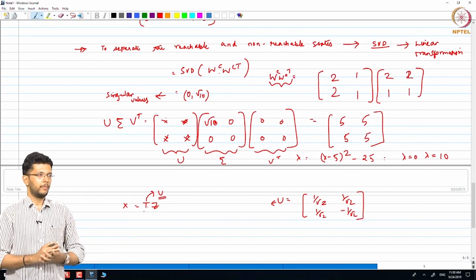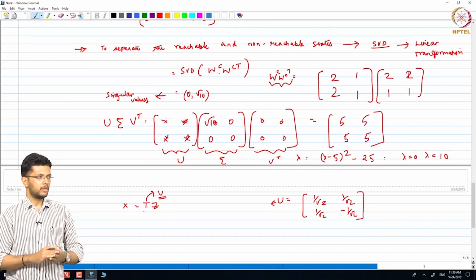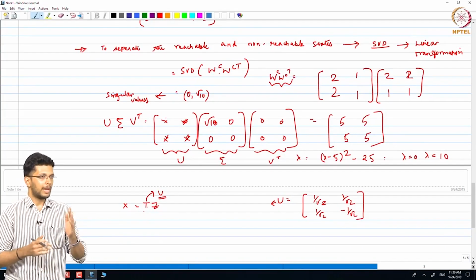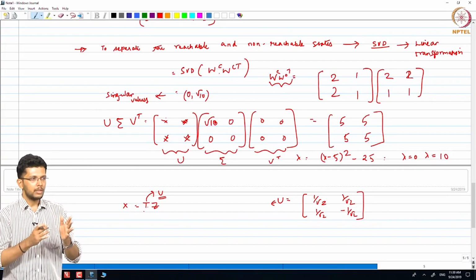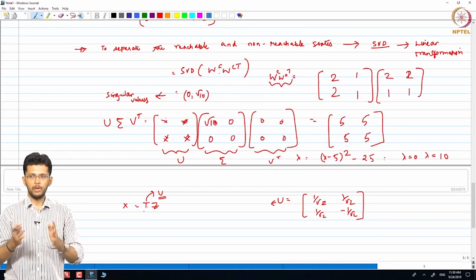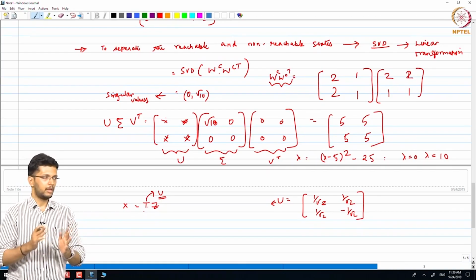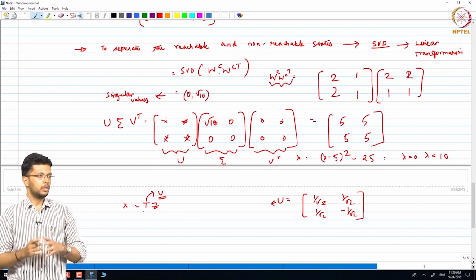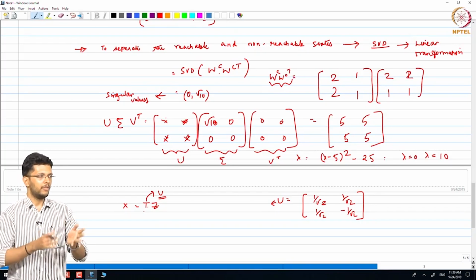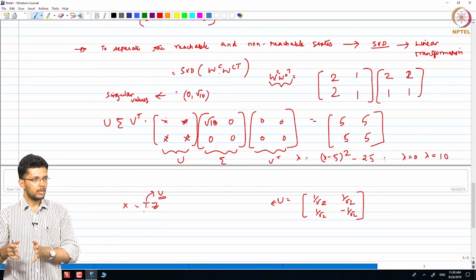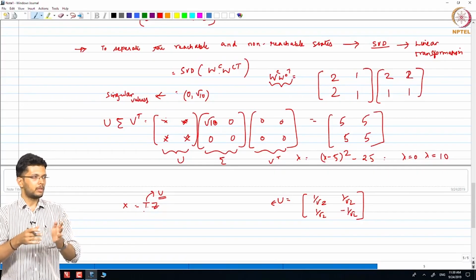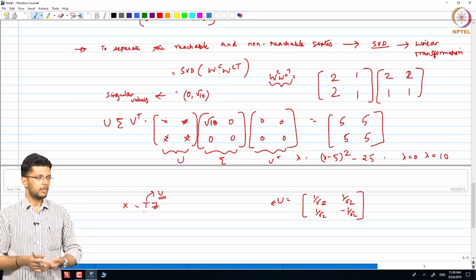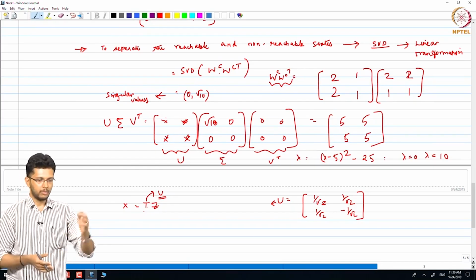The stabilizability condition is similar: you check the Hautus condition for lambda greater than or equal to 1, because we are concerned only about the unstable modes. If the rank of the Hautus matrix turns out to be equal to n, that means the system is stabilizable. So these are the three concepts.